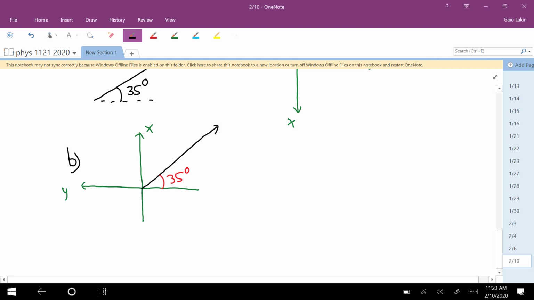The angle from the positive x-axis to this is either 305 or negative 55. And so the answer is 15 times cosine of 305, 15 times sine of 305, and then just give that decimal answer for both of those.